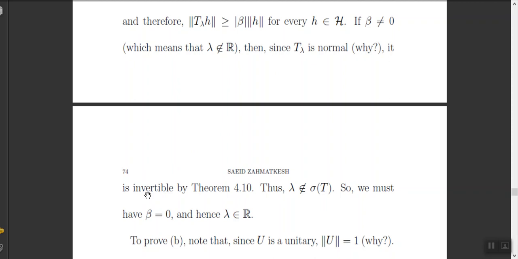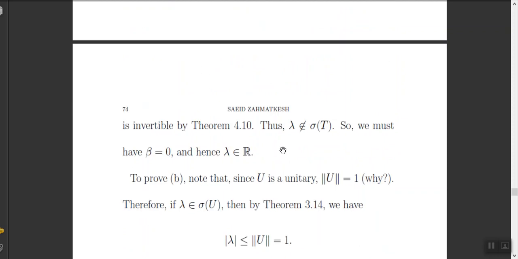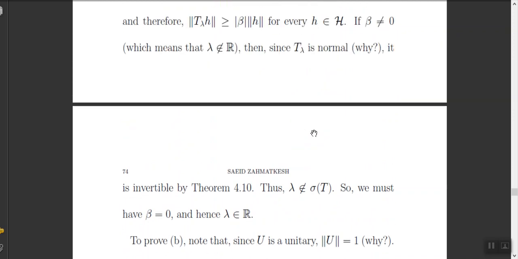When you say T lambda is invertible, what is T lambda? It is T minus lambda I. So when T minus lambda I is invertible, it means lambda does not belong to the spectrum of T. So this is a contradiction, and it comes from the assumption that beta is not 0.